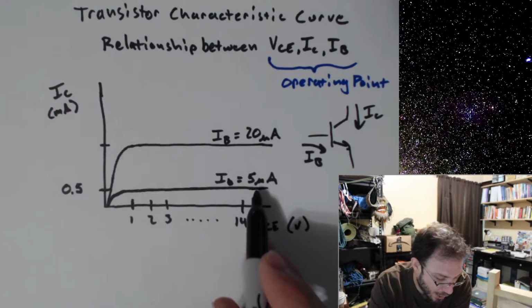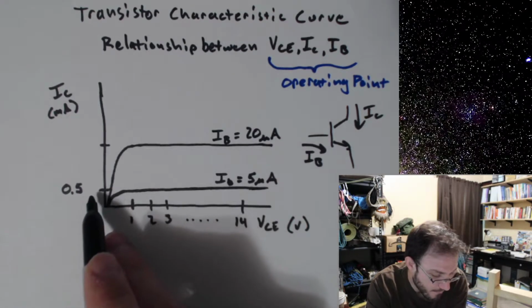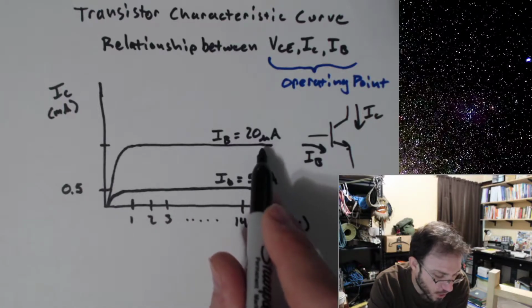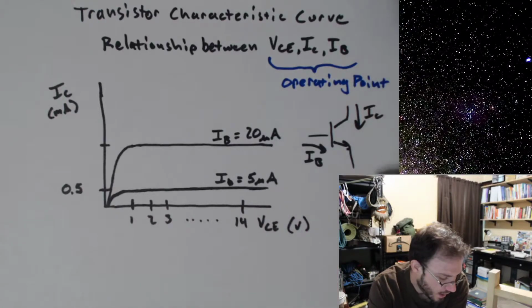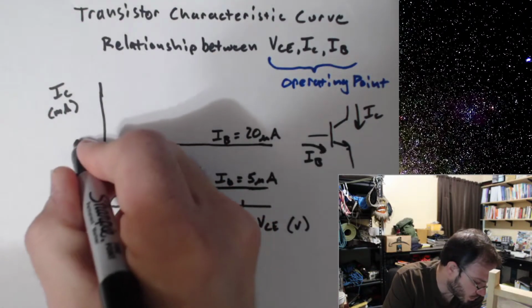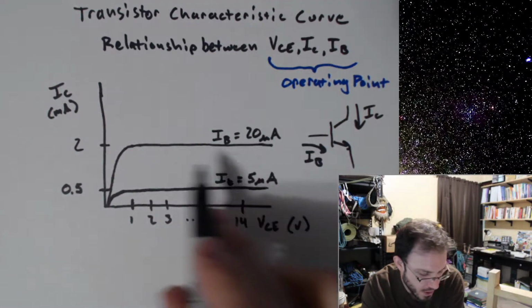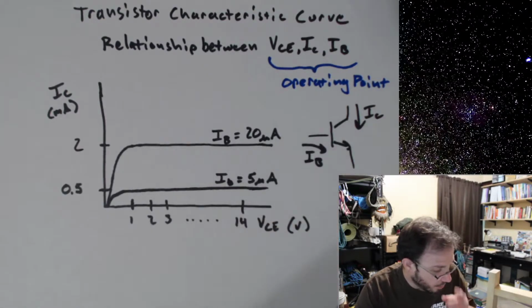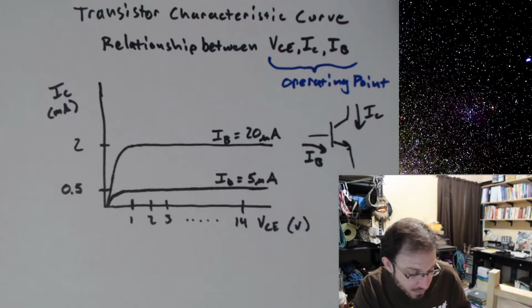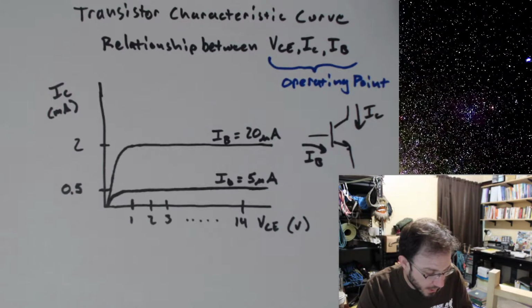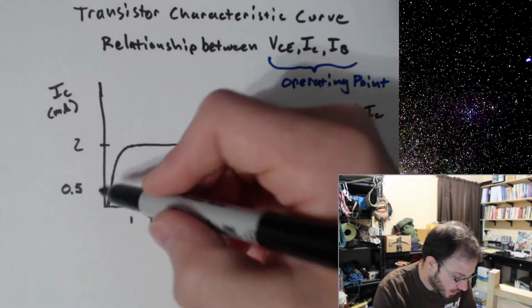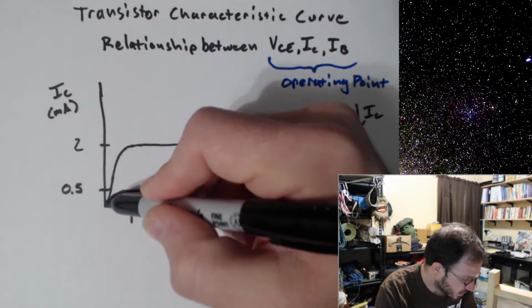For 5 microamps of base current in, we got 0.5 milliamps. For 20 microamps of base current going in, we get about 2 milliamps of collector current flowing through our device, and we can keep plotting these curves at different base currents to define the relationship between the collector current and the collector emitter voltage.